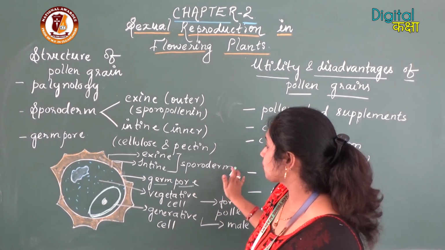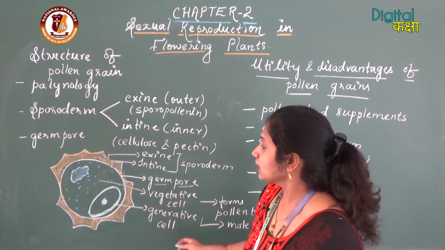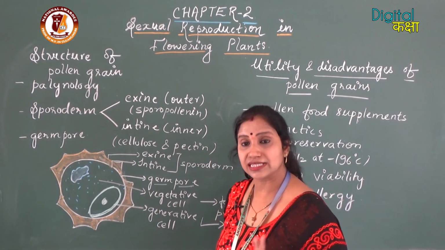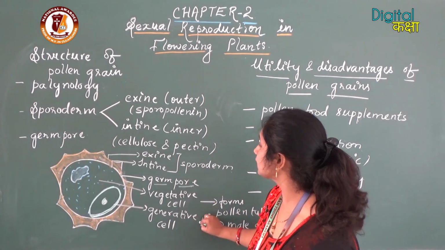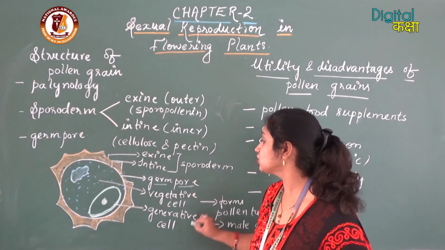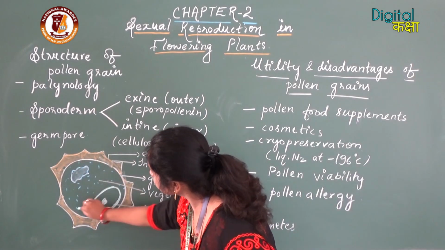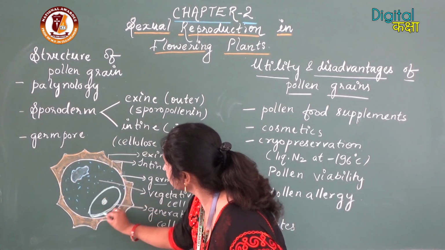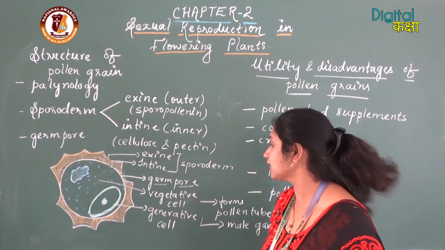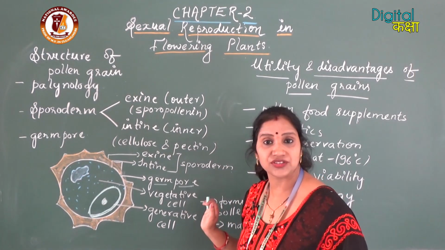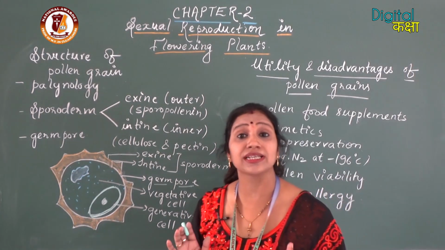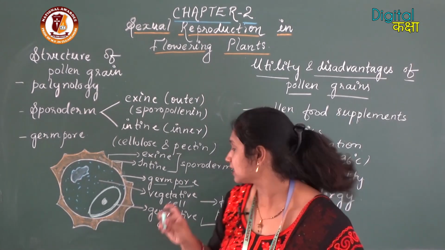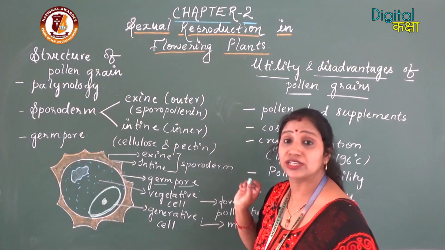Now we are moving to the inner side. Outer side has got the sporoderm, it has got the germ pore. Now inside this pollen grain, 2 cells are there, the vegetative cell and the generative cell. This complete big cell is called the vegetative cell, and this small cell inside the vegetative cell is called the generative cell.